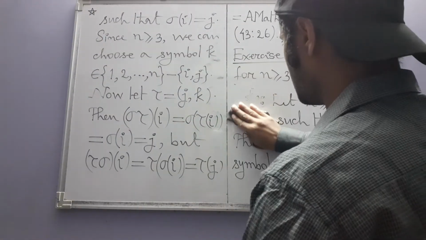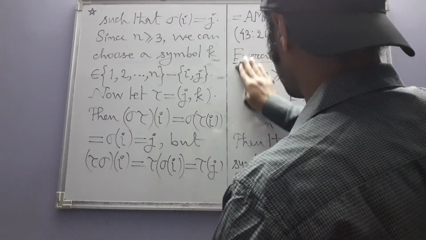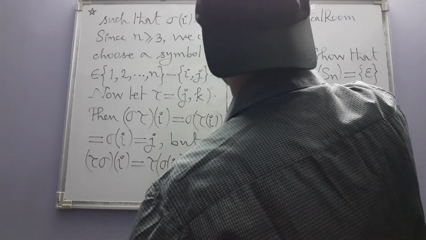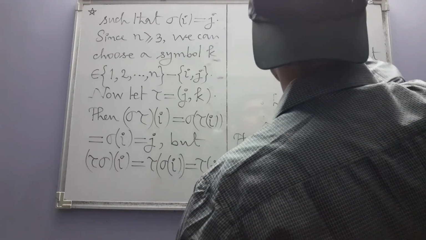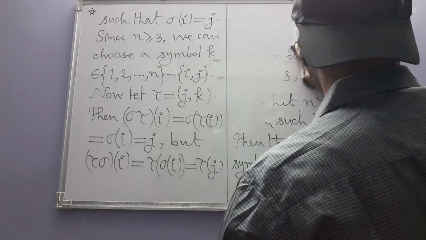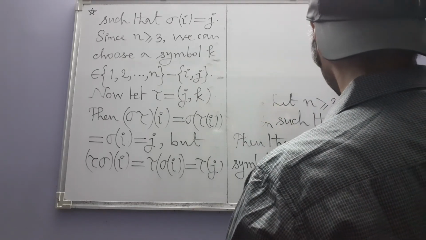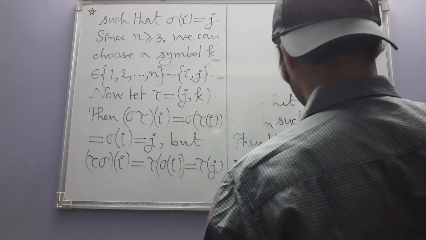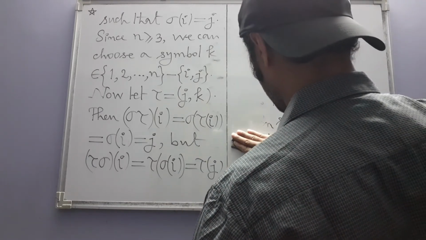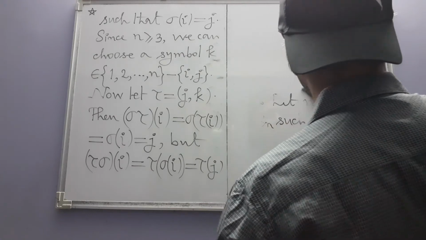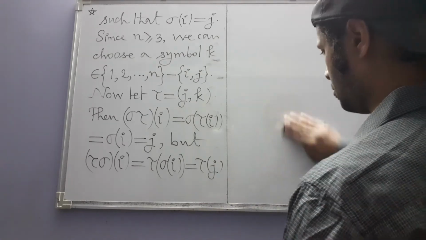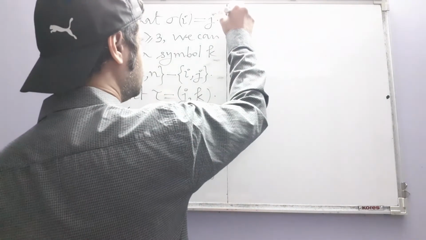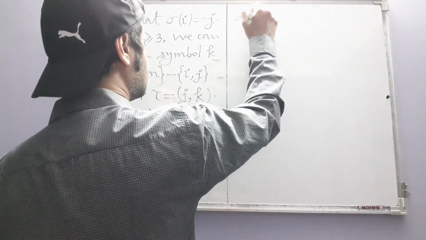And these two things are not the same, because one calculation gives us j and the other one gives us k, and j and k are distinct. So this is equal to k.